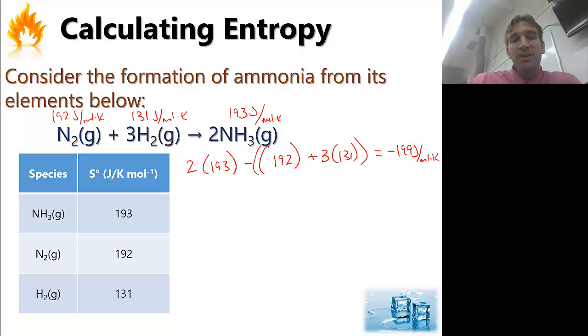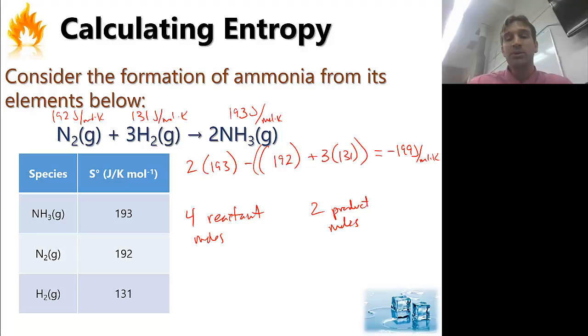Now, we want to see if this makes sense rationally, because we know that if I have more moles, I have more entropy. So if I look on the left-hand side, notice that we have 1 mole of nitrogen gas and we have 3 moles of hydrogen gas, which means I have 4 reactant moles of gas. On the product side, I have 2 product moles of gas. So I'm going from 4 moles to 2 moles.